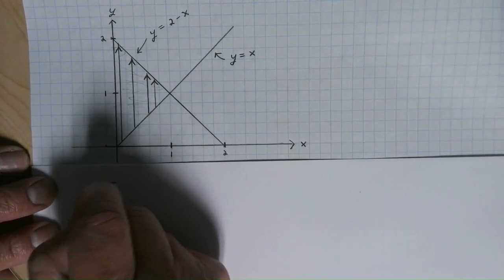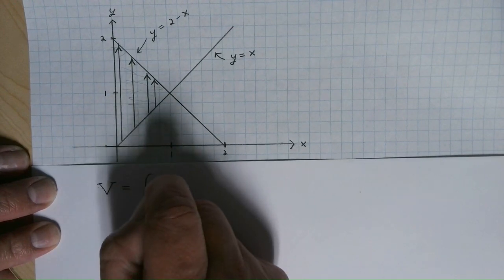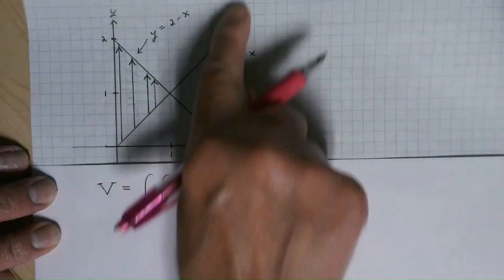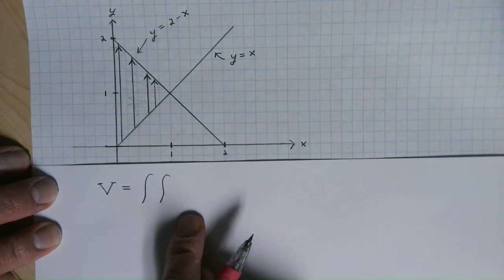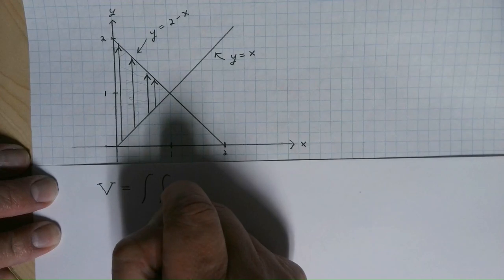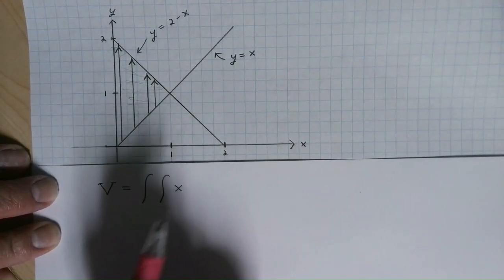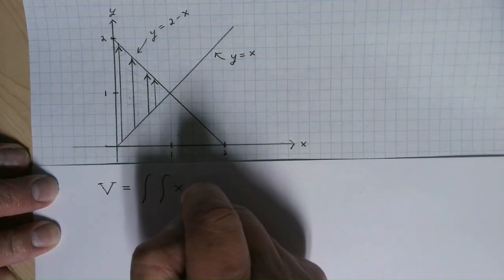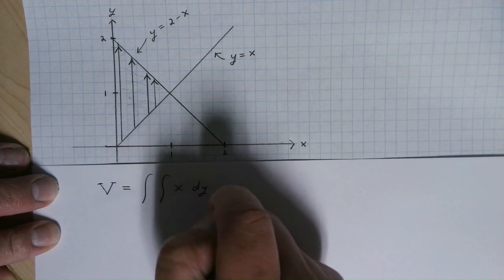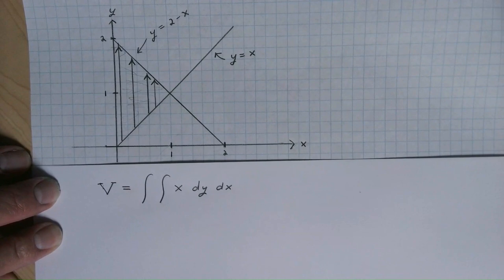We want the volume, and put the double integral signs. Again, the integrand is going to be our z equals x. We'll put this here. And then we're integrating with respect to y first, so we'll put dy, then dx, like this.